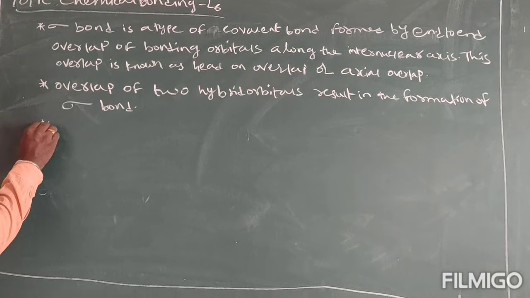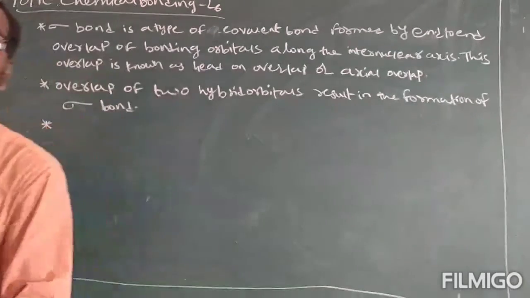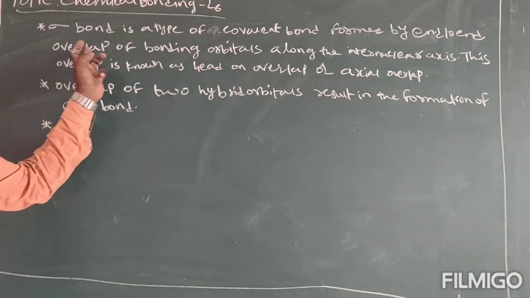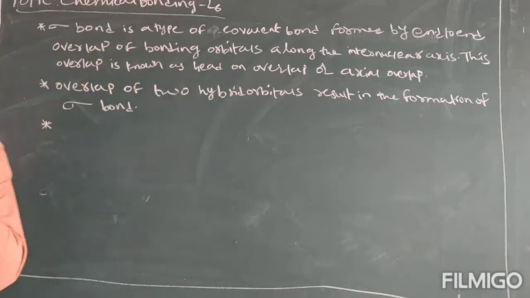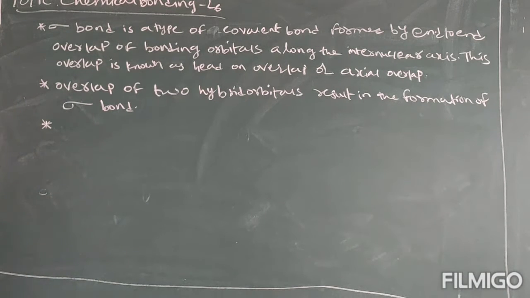Next, what is a pi bond? Just now I said a pi bond is a type of covalent bond formed by the side to side overlap of bonding orbitals along the coaxial surface.